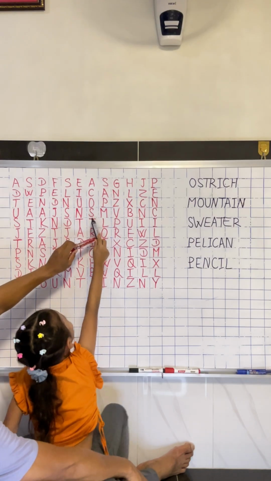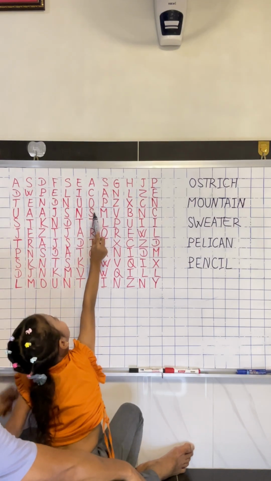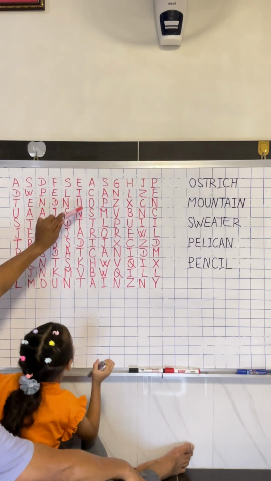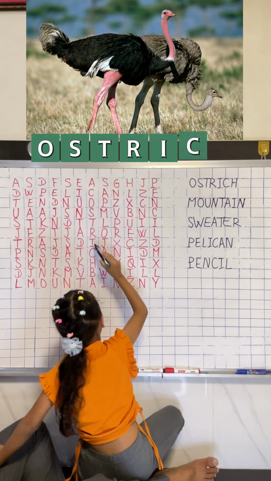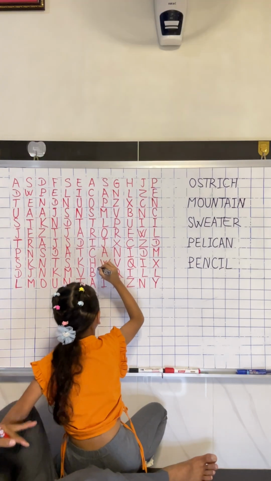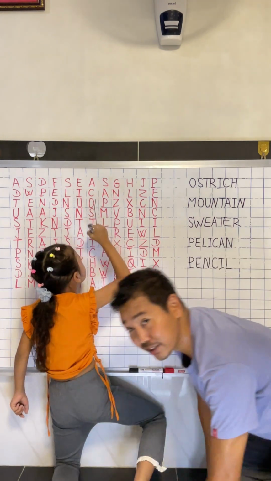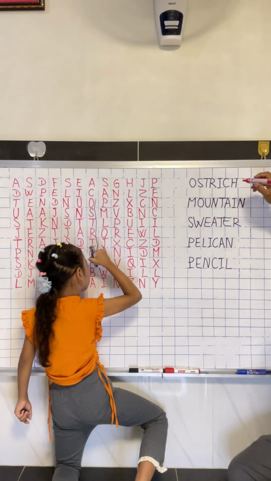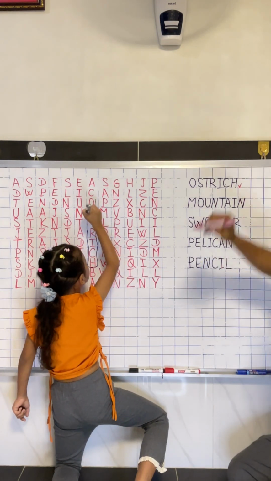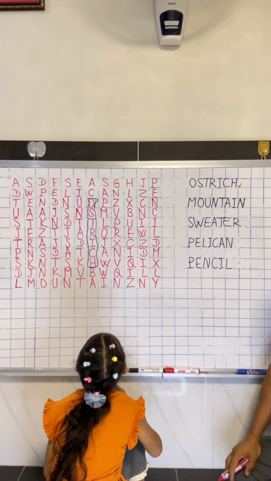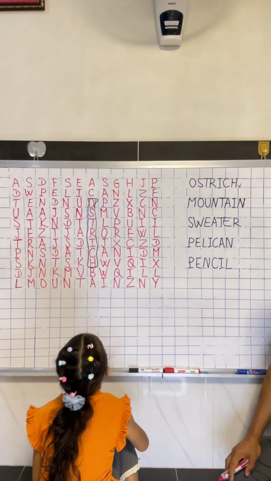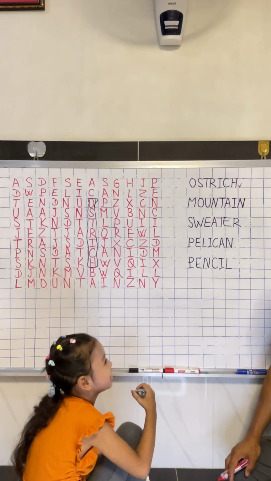This one. Oh yes. Ostrich. Okay, I will move. This ostrich is the first word you already found and circled. I was confused. It's an ostrich.